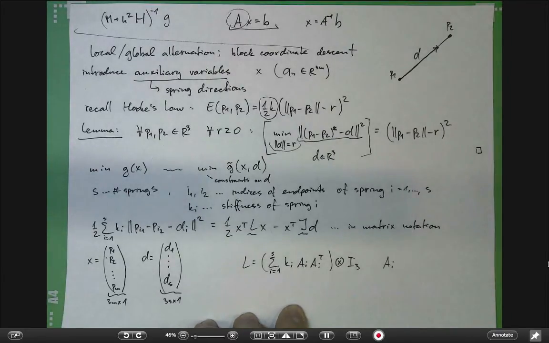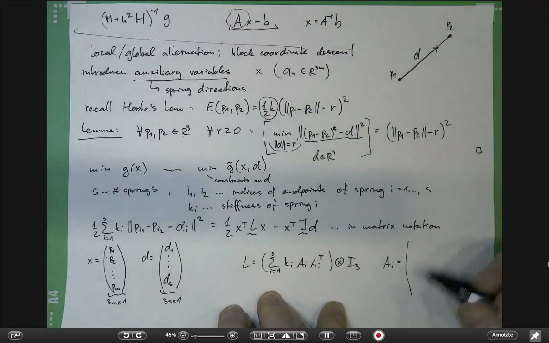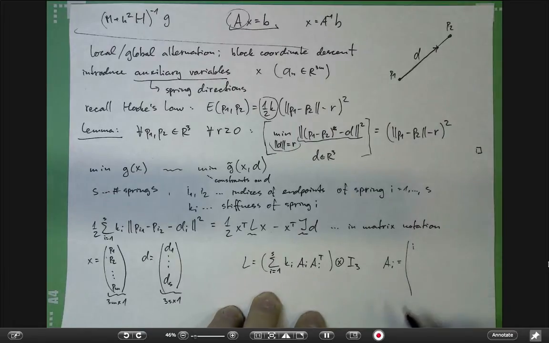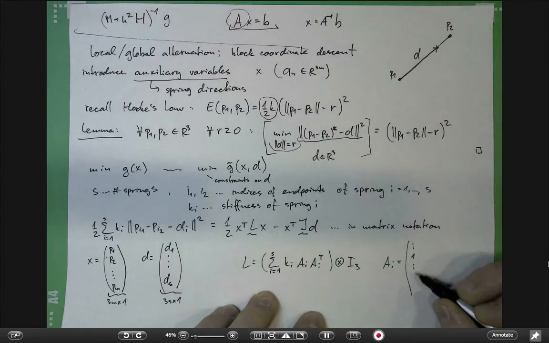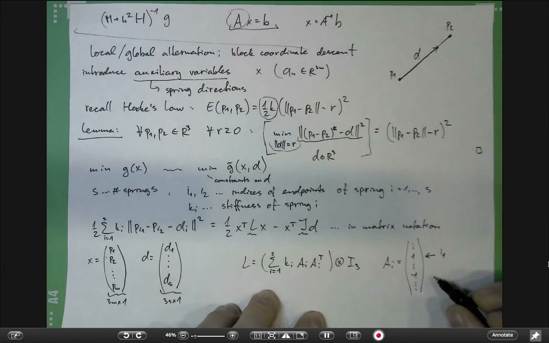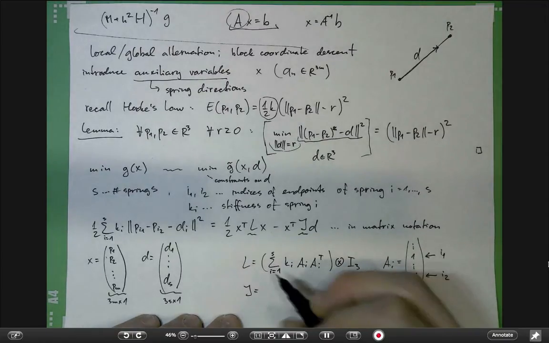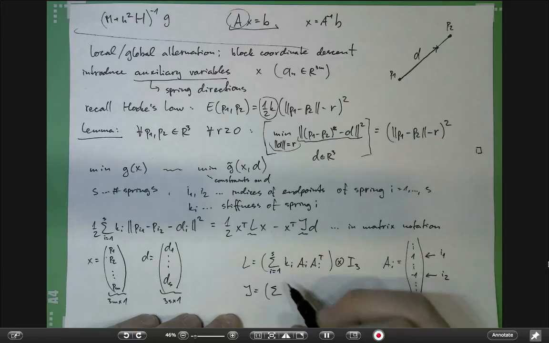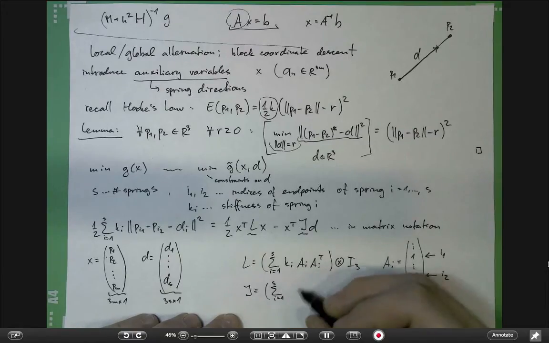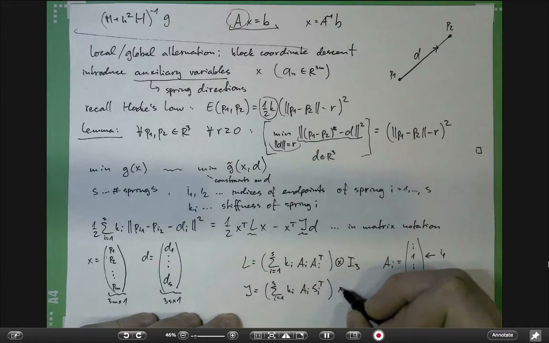So what is A_i? A_i is an indicator of a spring, or spring endpoints. So it's a vector that has all zeros except for a 1 and a minus 1. The 1 is at position i1, and the minus 1 is at position i2. So this is the L matrix. The J matrix is similar. The J matrix looks like this. It's a sum over i from 1 to s of A_i S_i transpose, Kronecker I3.